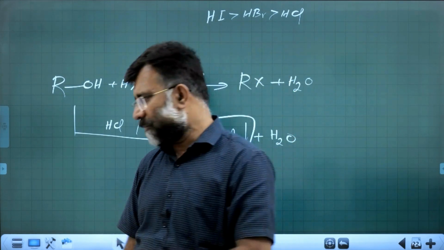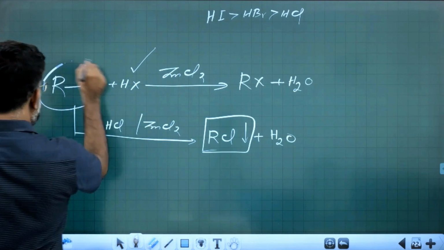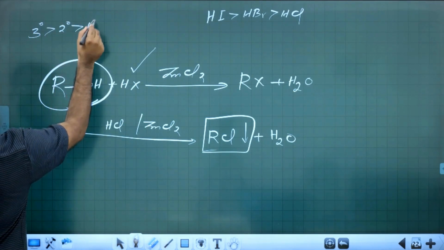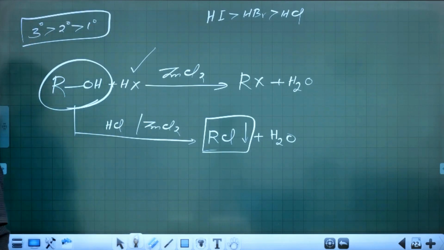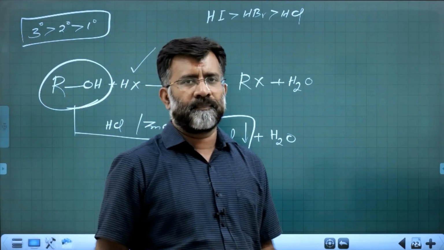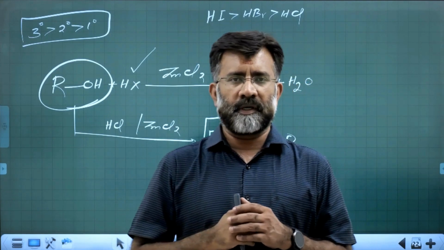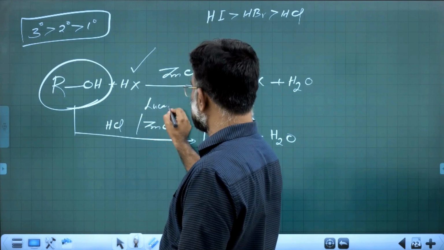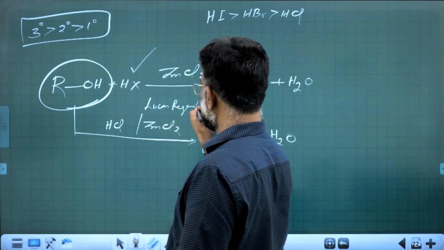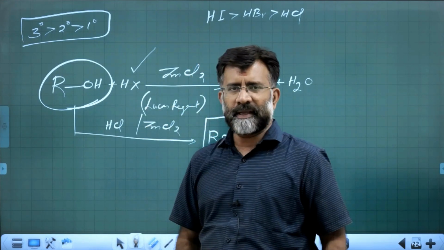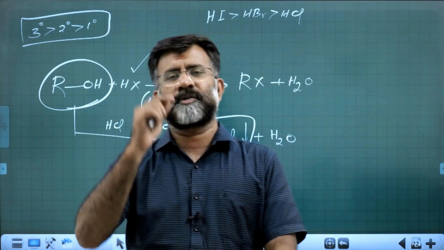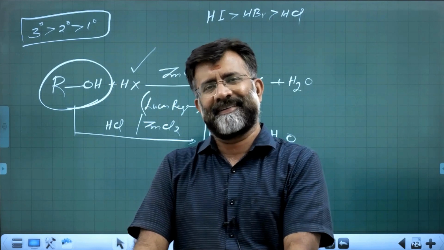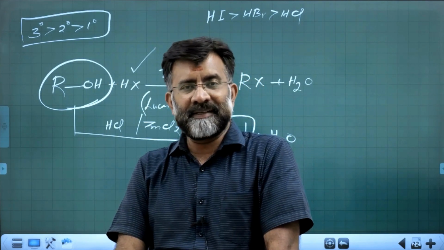That is number one. Number two, what about the order of reactivity for alcohols? You may remember tertiary greater than secondary greater than primary. So for this procedure and this reagent, it is called Lucas reagent. If you take a tertiary alcohol, upon addition of Lucas reagent, you get an immediate turbidity, because the reactivity is greater.